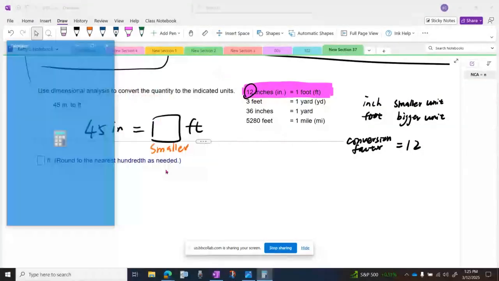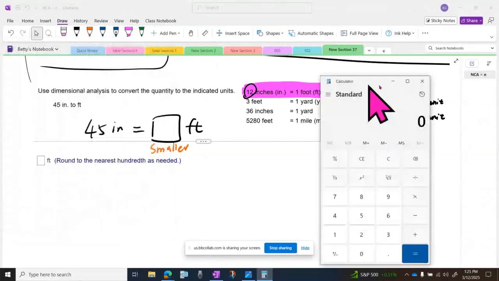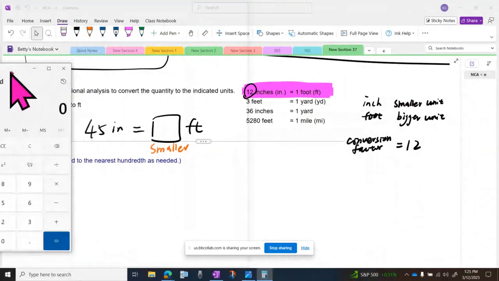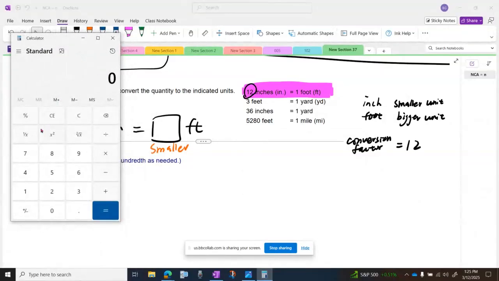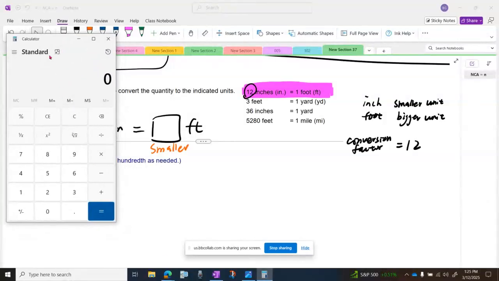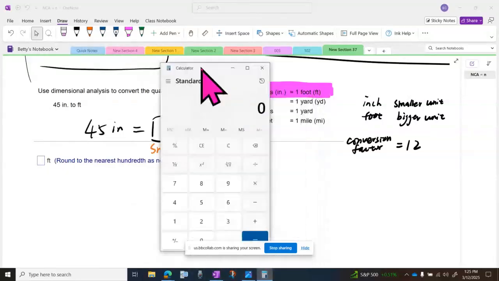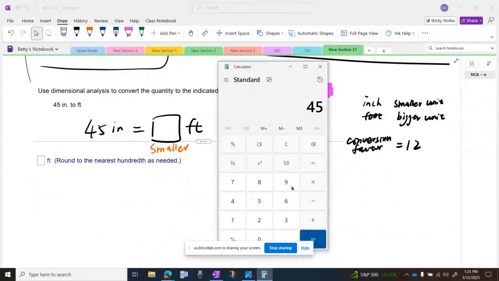Sometimes you might think, is your method really necessary? Sometimes I can get it done without using your method. But again, my method is universally applicable. In any case, you can use my method, no problem. So the number in front of inch is 45, 45 divided by 12.